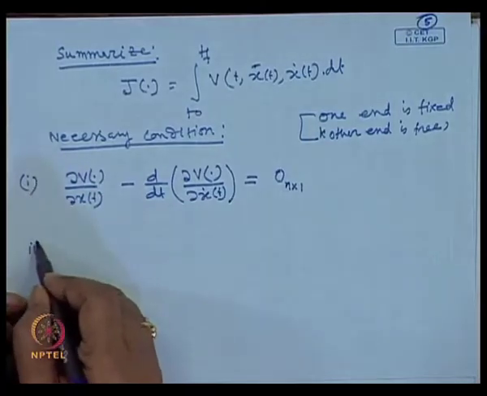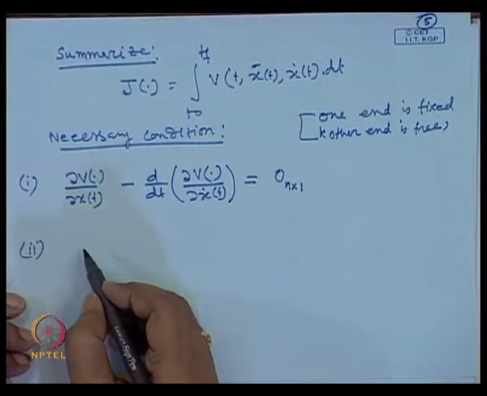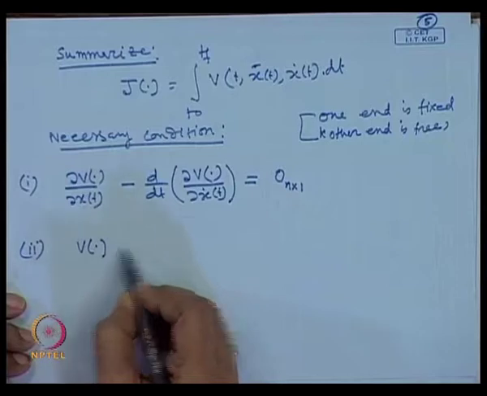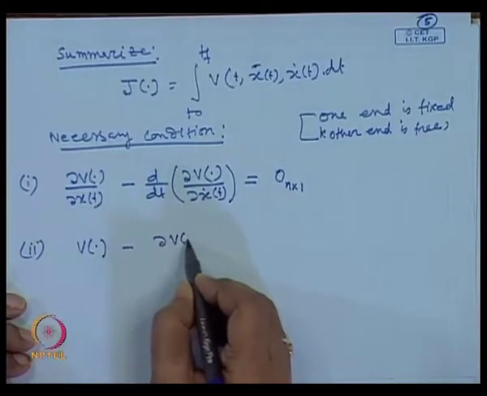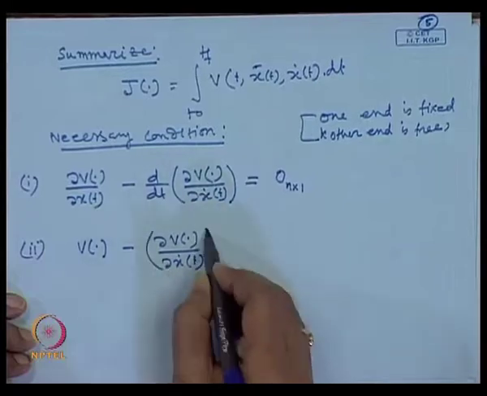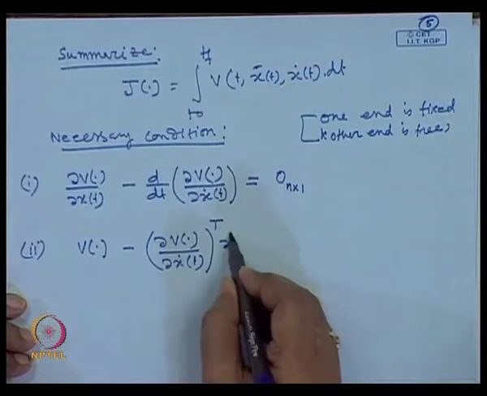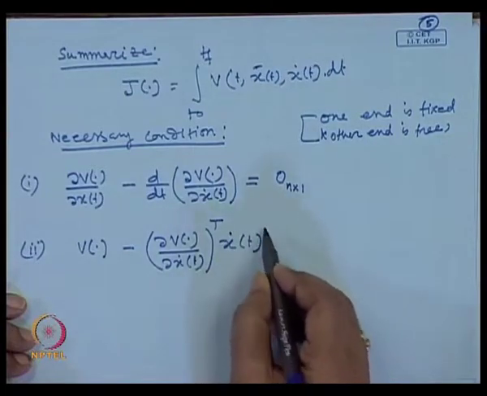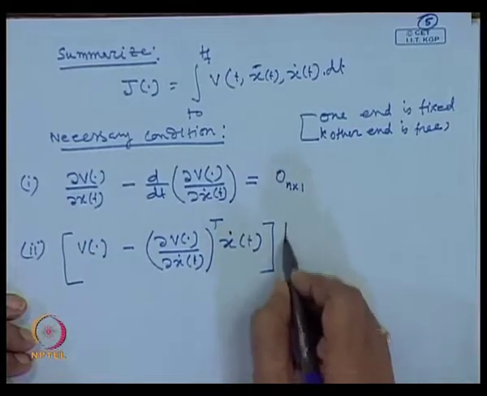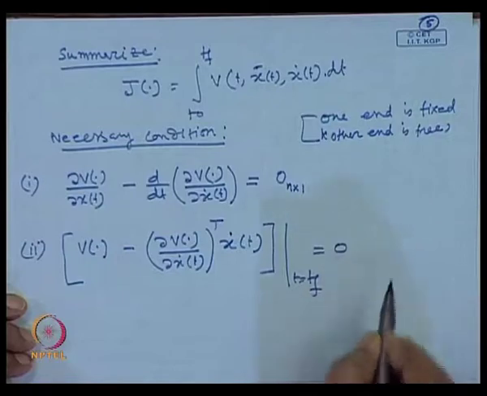Next, the two end conditions you have to use for this problem are called the transversality conditions. The first is del v del x dot of t whole transpose times delta x, put t equal to T f, equal to 0.